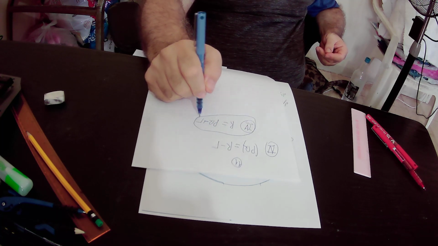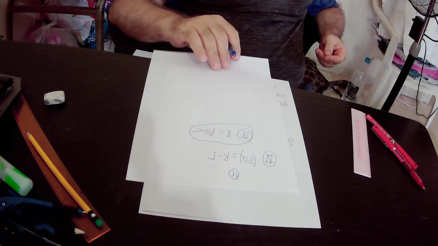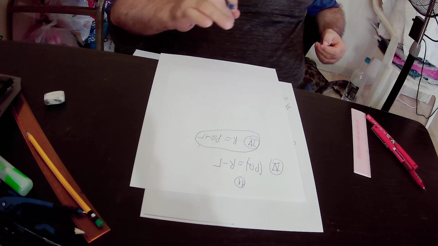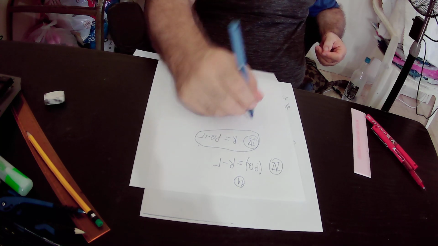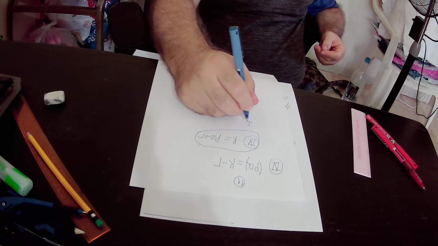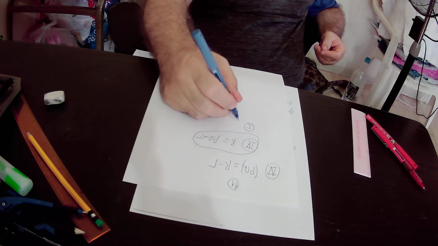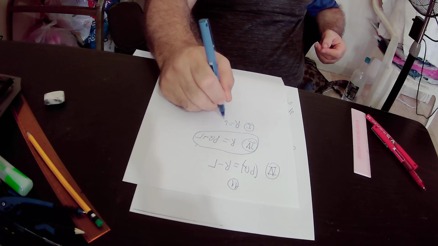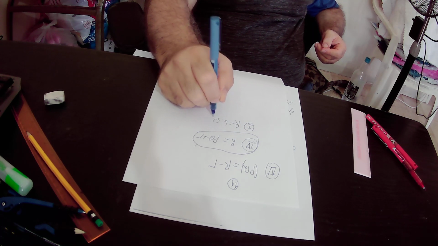Okay? So we found out that the radius of the big circle equals PQ plus small r. But we have already found out, according to equation number 1, that the radius of the big circle equals 6.5 plus small r.